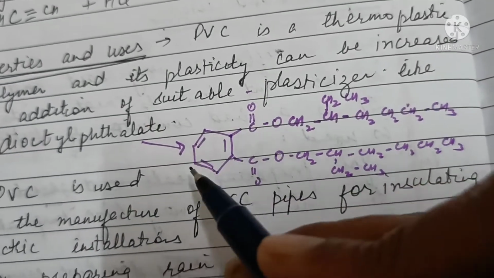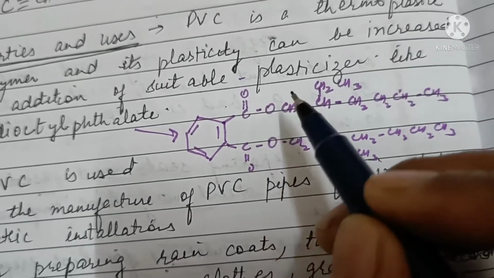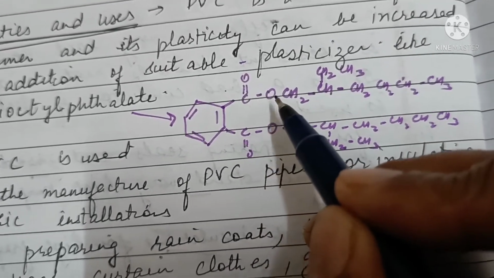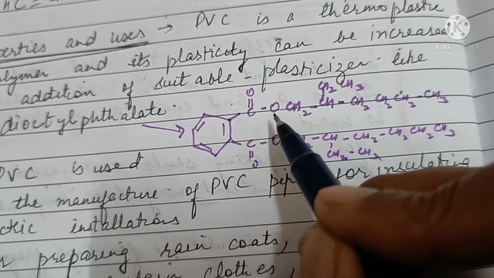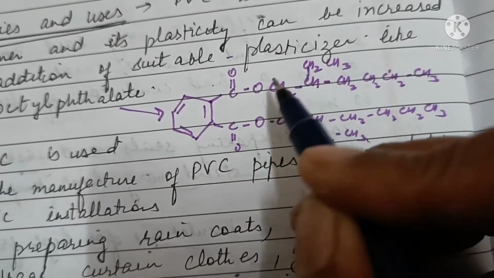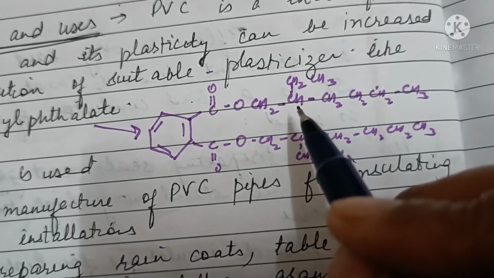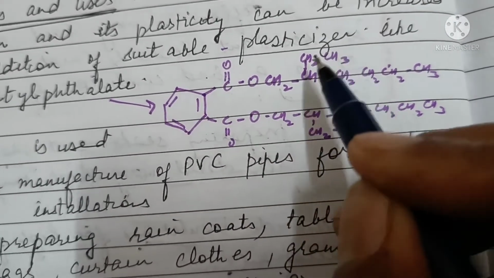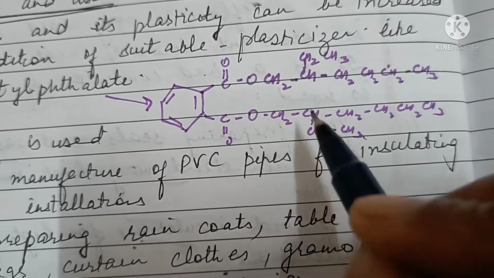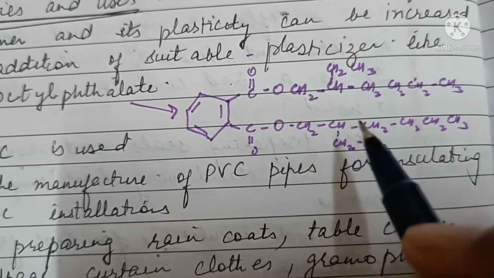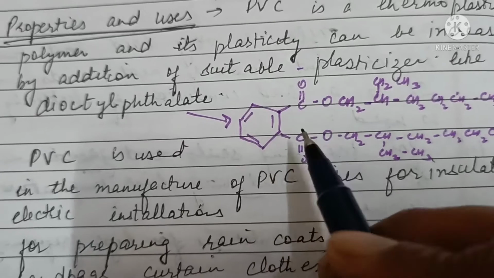Phthalic acid is C6H4(COOH)2 with the COOH groups at ortho positions. And when the COOH group reacts with an alcohol group, the ester linkage, COO linkage, is formed. And when it is done with the octyl group, where the 3-methyl octyl group forms the ester linkage, and it does it in both positions, we get the plasticizer dioctyl phthalate.